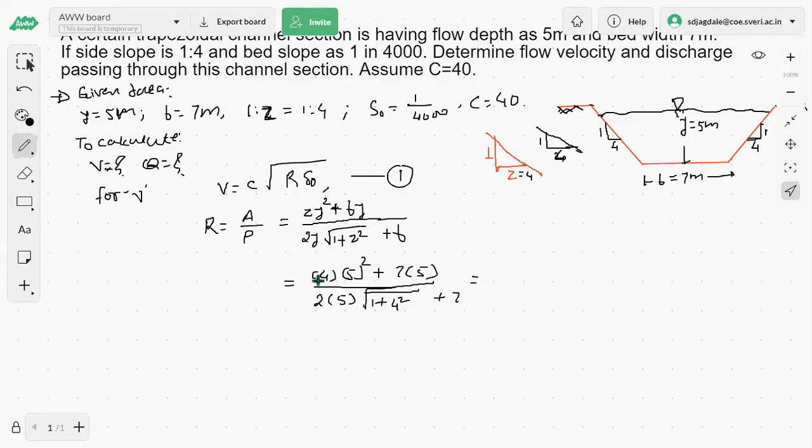So stepwise you tell me, 4 into square of 5, that is 5 square is 25.